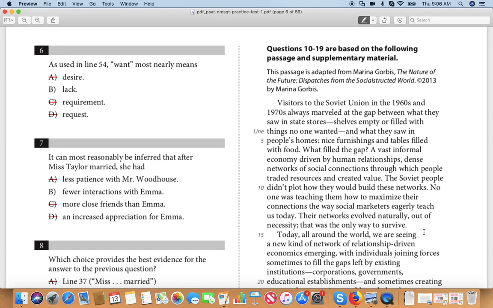Okay, do you remember that word economy? Do you recall what that means? If you don't, that's okay too. Vast informal economy. You can look it up if you need to look it up. Go and look it up. I remember, maybe it's not numbers. Yeah, it's not.